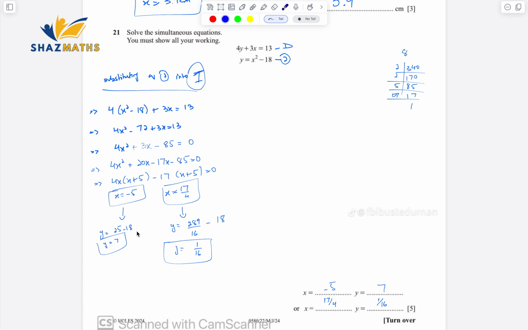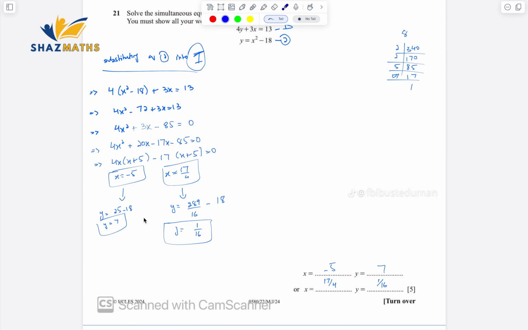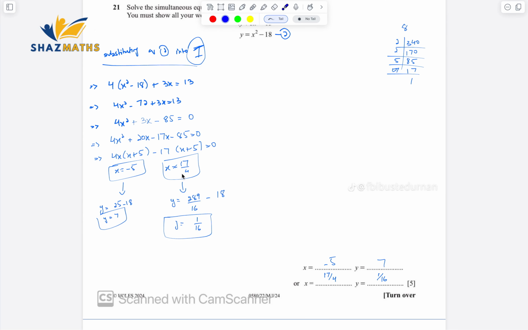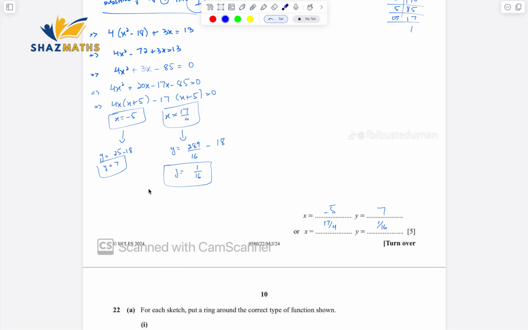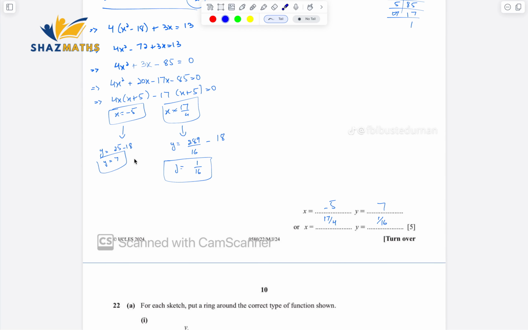So I'm going to find out y as well. If I substitute into y equals x squared minus 18, minus 5 squared is 25 minus 18, that is 7. So when x is minus 5, y is 7. And when x is 17 by 4, 17 squared is 289, I think, if I'm not wrong.